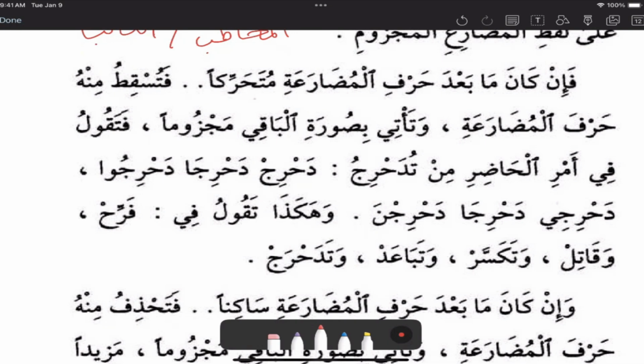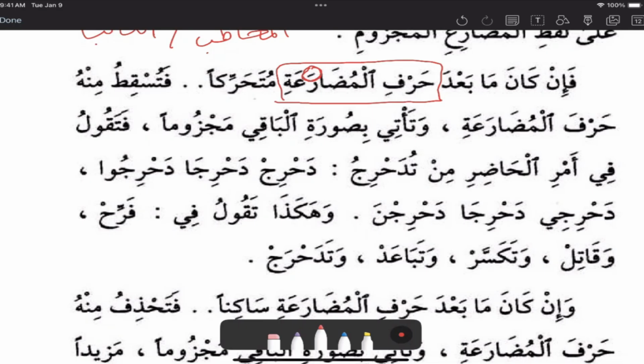If after the mudari' letter there is a vowel, then you're going to drop the mudari' letter, harful mudara'ah, you're going to drop it. وَتَأْتِي بِصُورَةِ الْبَاقِي مَجْزُومًا, and then you're going to bring the rest of the verb looking like it's a mudari' majzoom.